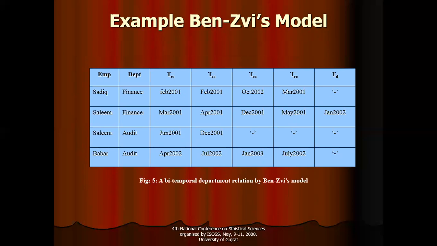He used separate attributes, the start time and the end time. Once you have the start time and the end time, naturally you will have the interval. In that manner, Benzavi managed his relation.